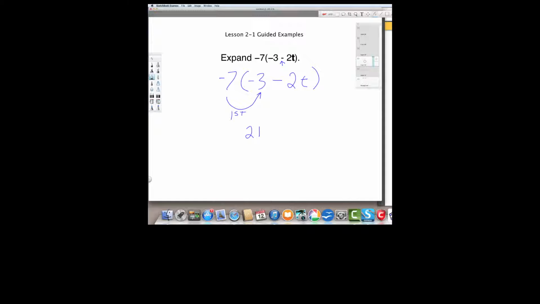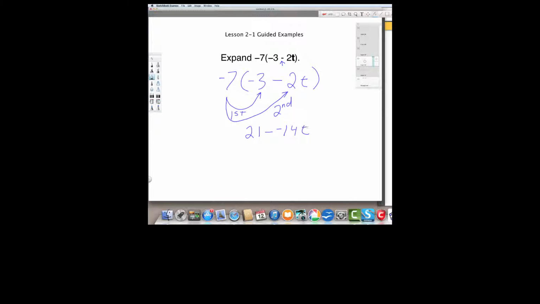And then the second thing I'm going to do is multiply -7 times a minus 2t, and that's going to be minus -7 times 2, which is -14t.